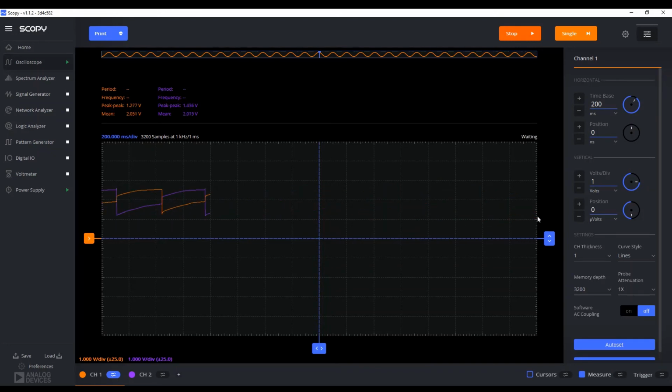As you can see, this is what we should expect, because when one of the channels is high, the other should be low. That's what a flip-flop is.